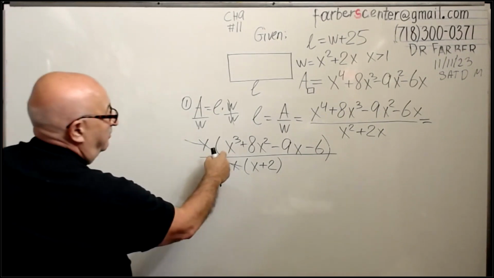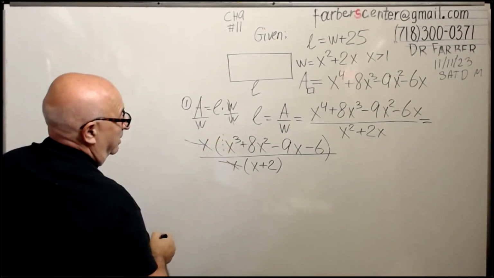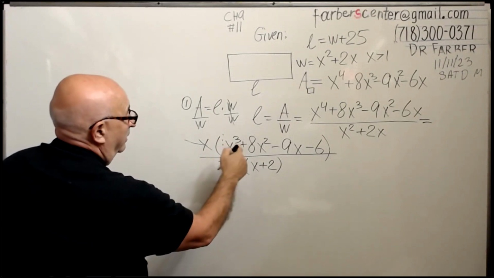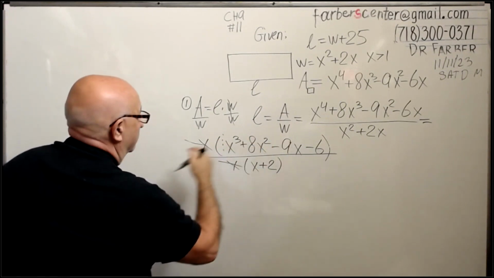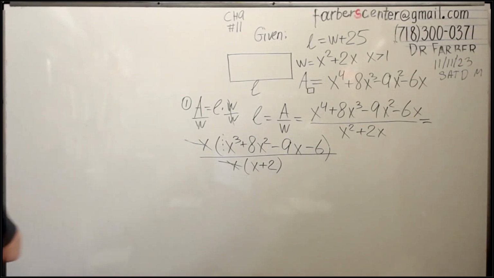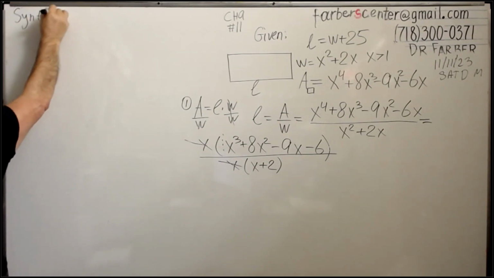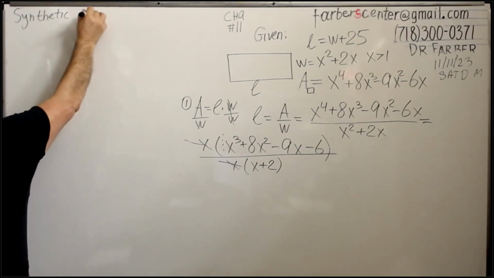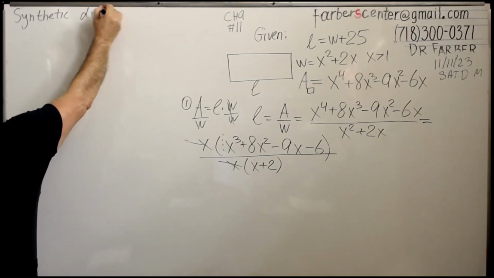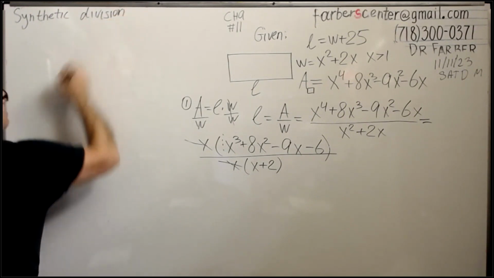You write all these coefficients. If nothing is written, it is 1: 1, 8, 9, and -6. Synthetic division is a very efficient way of solving many problems.